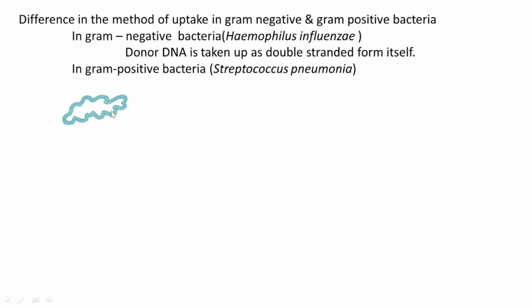The double-stranded DNA is first broken into fragments with the help of an enzyme called endonuclease. These enzymes act on the bonds present inside the DNA, the inner bonds, and cleave them.